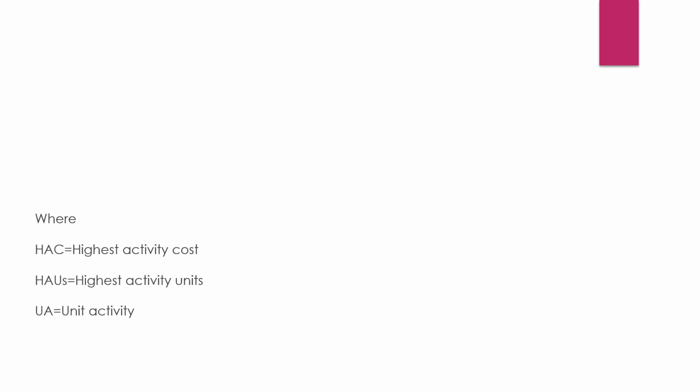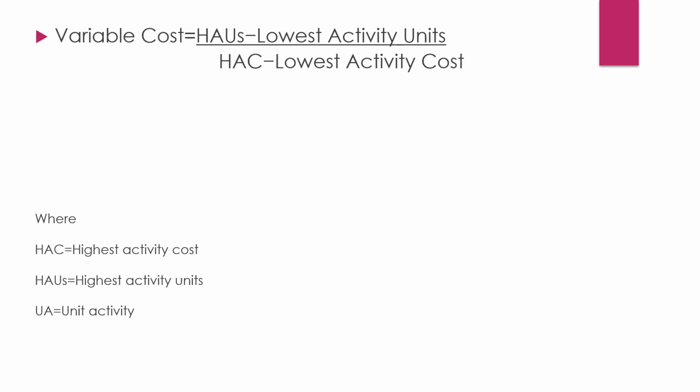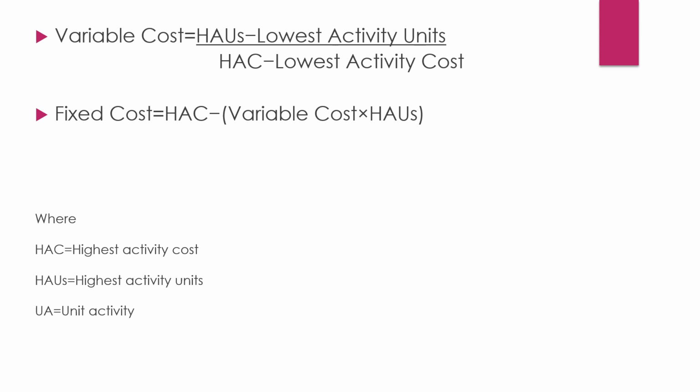First, we have to find the variable cost. For that, we have to take the difference between the highest and lowest activity costs, and we have to divide it by the difference between the highest and lowest activity units. Then, we have to find the fixed cost.